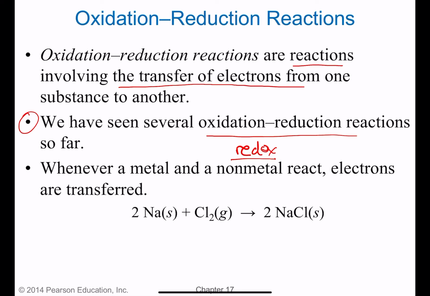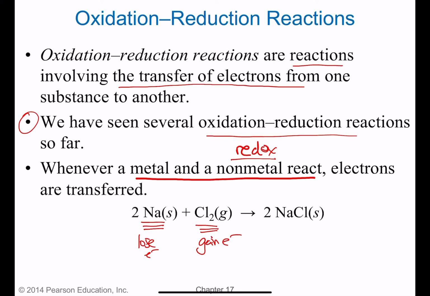But anytime you have a metal and a nonmetal react, electrons are usually being transferred. So here we have neutral sodium metal, and then we also have neutral diatomic gaseous chlorine. But when these two react, the metal, the sodium, like all metals, will want to lose electrons. And the nonmetal, the chlorine, will want to gain electrons.